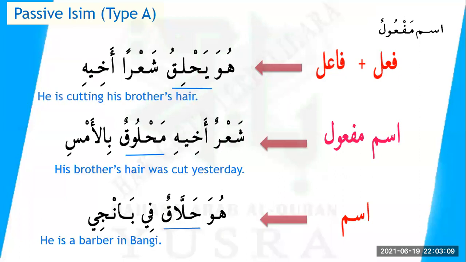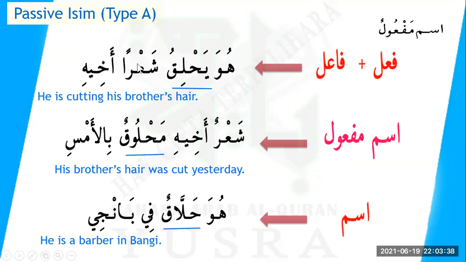Right. Now, same goes like just now. You can write the first sentence: he is cutting his brother's hair. You can use a verb. Yahliku, he cuts. So huwa yahliku sya'ra akhihi. He cuts his brother's hair.